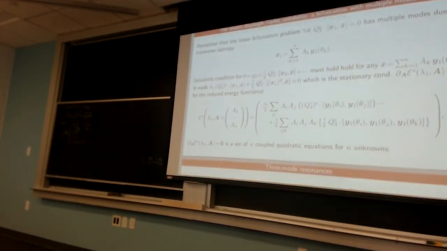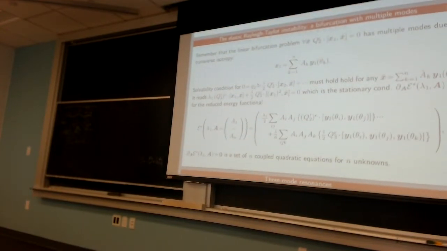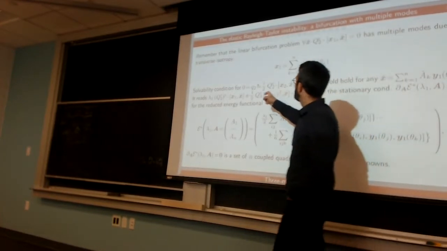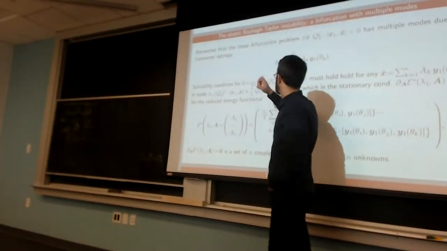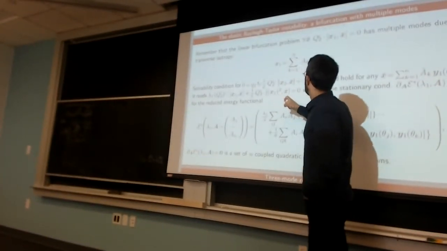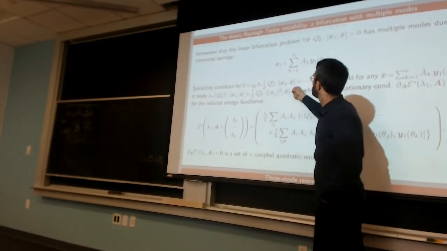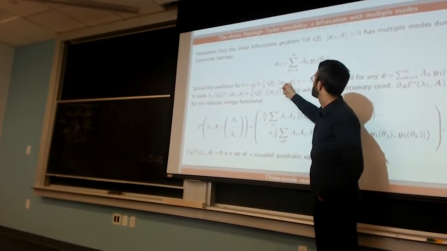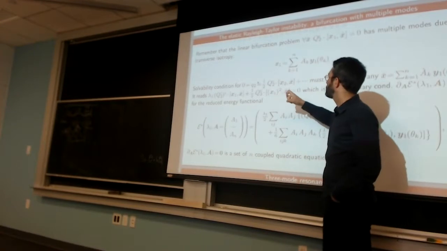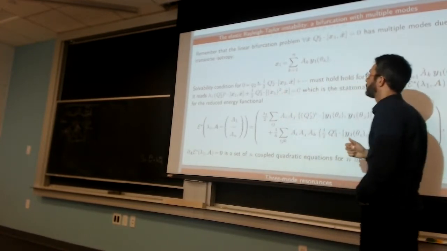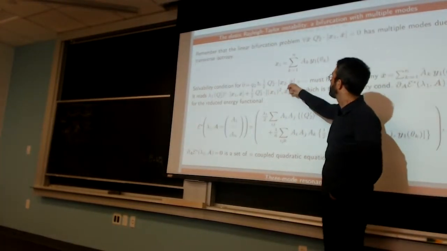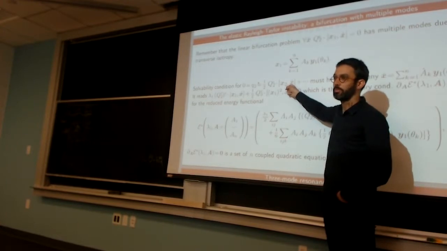Okay, so let's just do the recipe. So now if we go back to the expression of Q2, which we've seen before, remember the argument of Q2, when we derived the amplitude equation for the single mode case by replacing x hat by x1, remember?